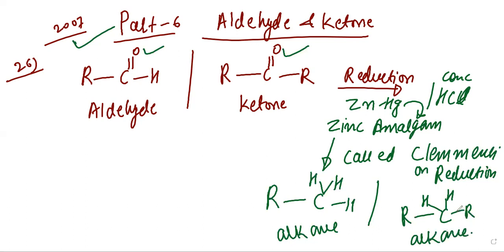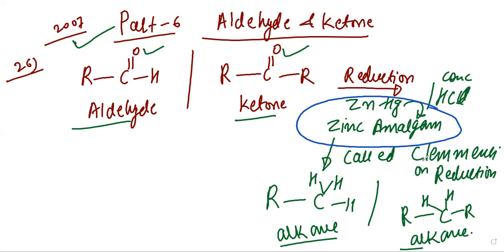Understood? So whenever aldehyde and ketone are converted into the simpler alkane in presence of zinc amalgam, then it is called Clemmensen reduction. So this is a very important reaction.